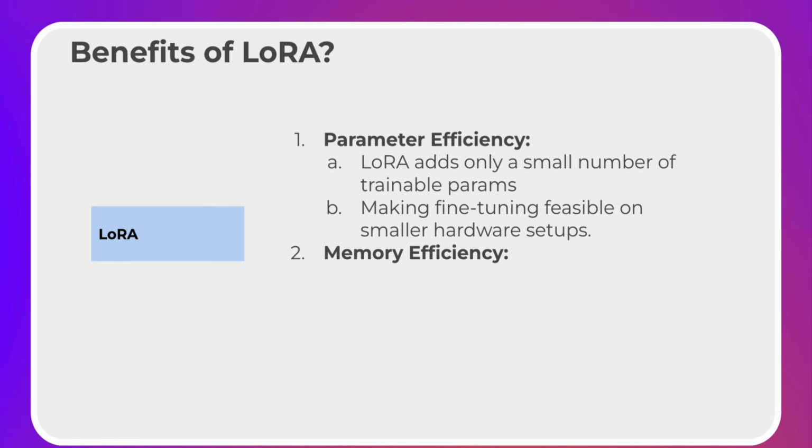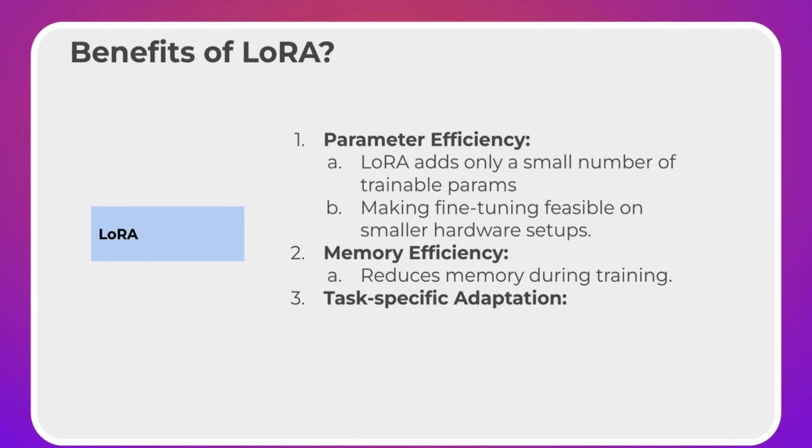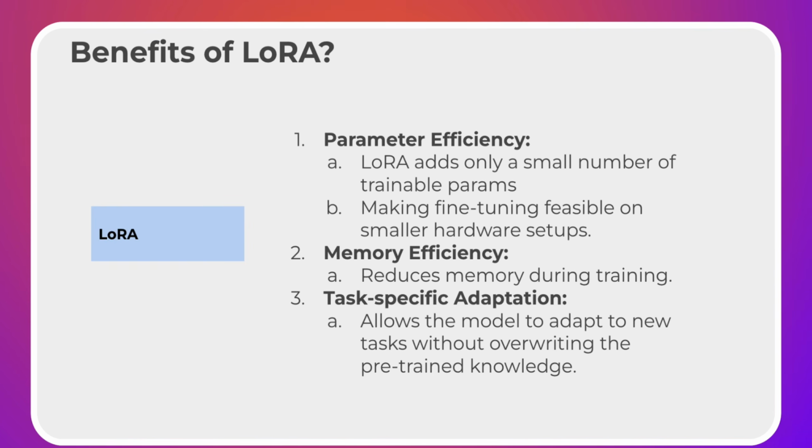And two, we have memory efficiency because, as you know, most of the model's parameters are frozen. LoRA, in this case, reduces memory usage during training. Also, we focus on task-specific adaptation, because LoRA allows the model to adapt to new tasks without overriding the pre-trained knowledge. This is very important because we don't want to mess, quote unquote, with the pre-trained knowledge that is already in the model.